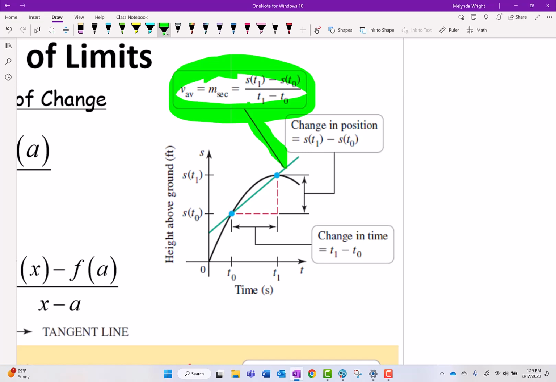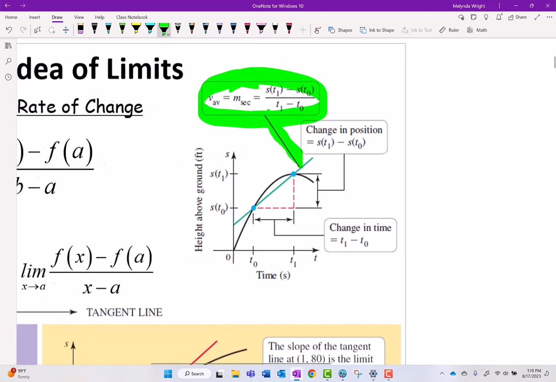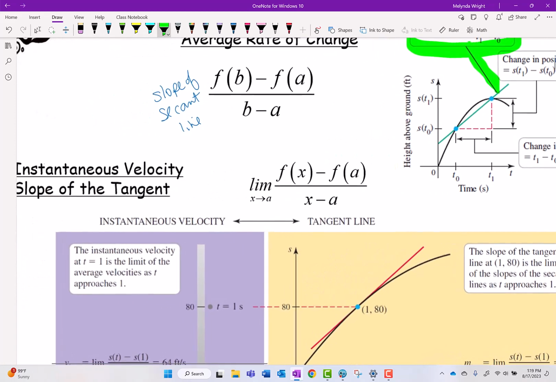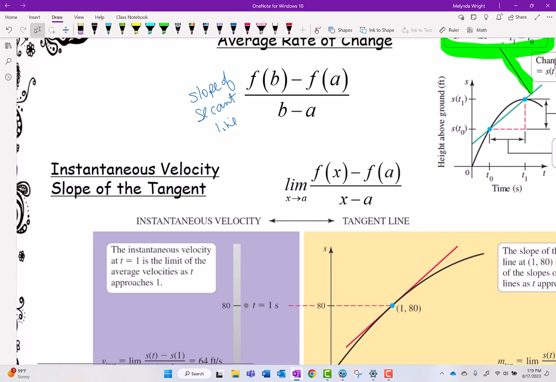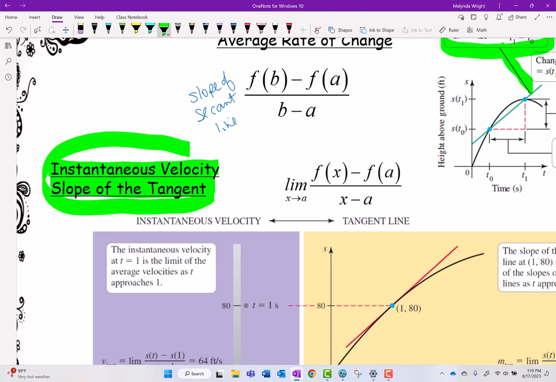We're going to take it a step further, and we're going to talk about the instantaneous rate of change, or instantaneous velocity. This instantaneous velocity and the slope of the tangent line basically represent the same number. Those are the same number.